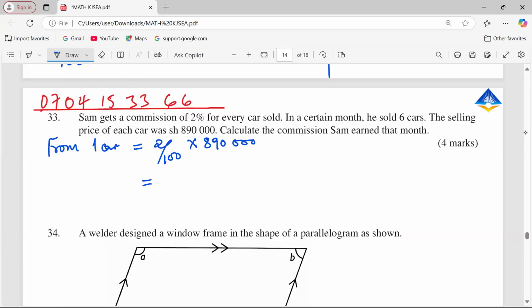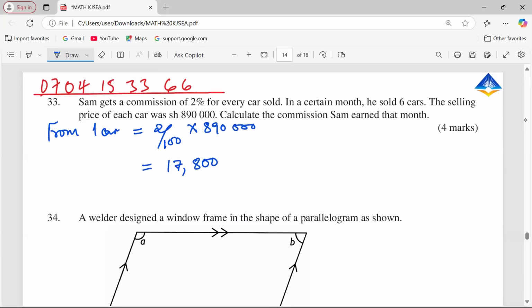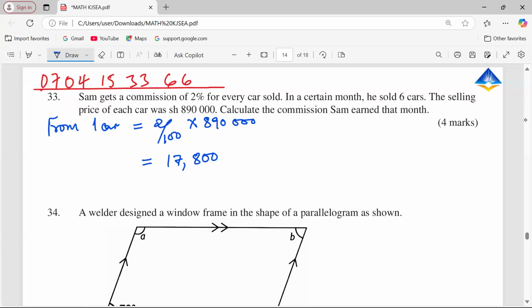So this is going to give us what? 2 by 890,000 percent, 17,800. 17,800 Kenya shillings. That is the commission that Sam will get from 1 car.